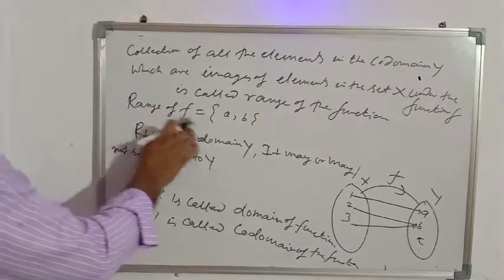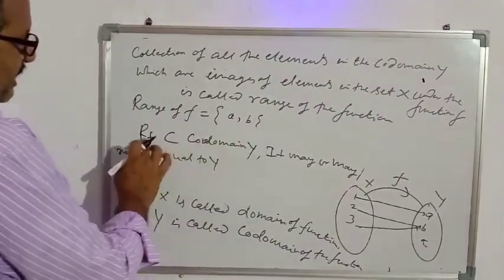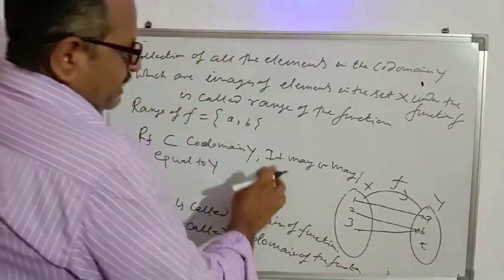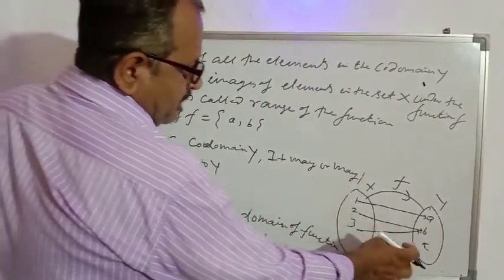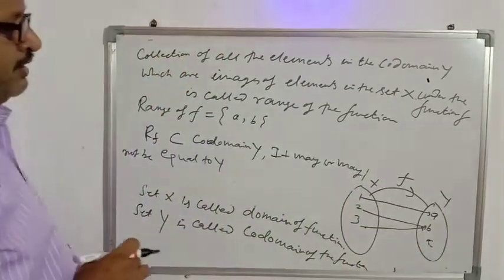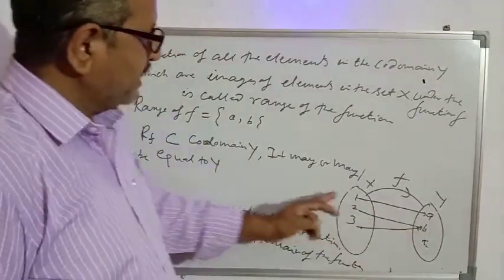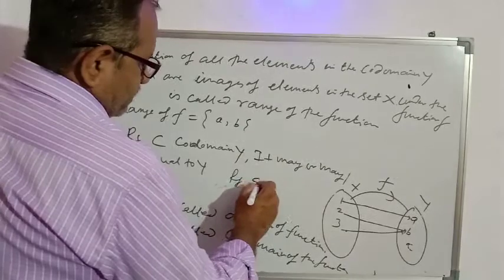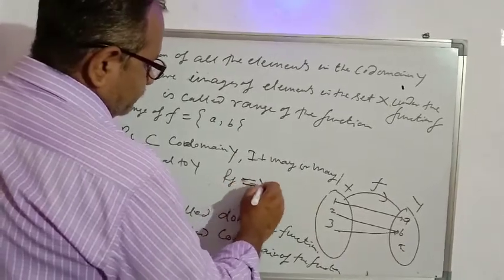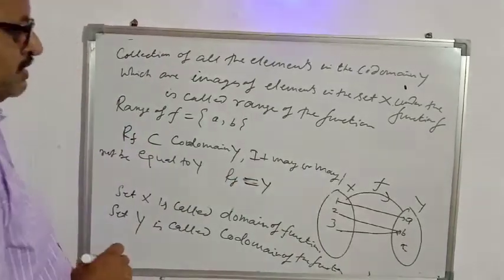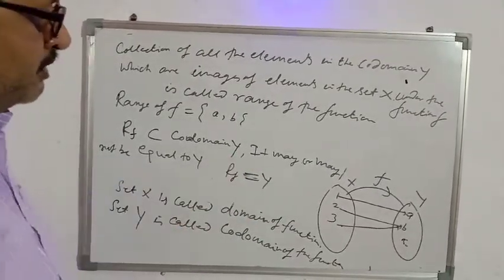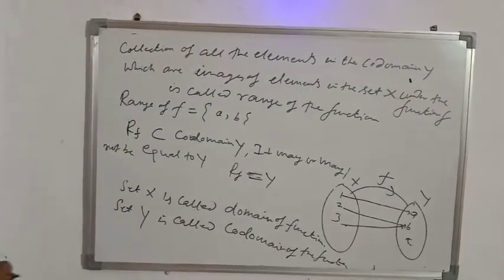So here the range of the function is only A, B. Range of the function is a subset of codomain Y. It may or may not be equal to codomain Y. When it is equal, we can write range of the function is equal to Y. So it may or may not be equal to the codomain.